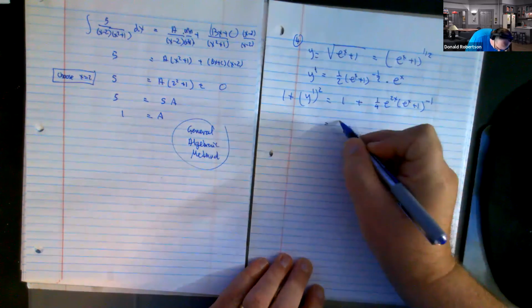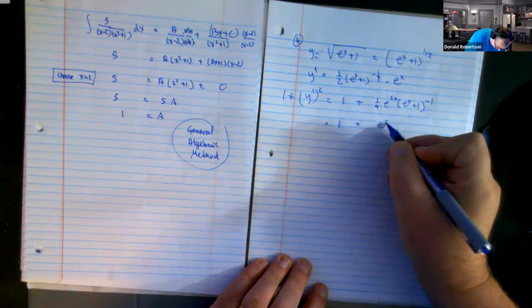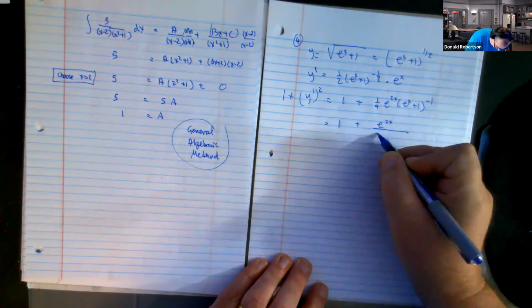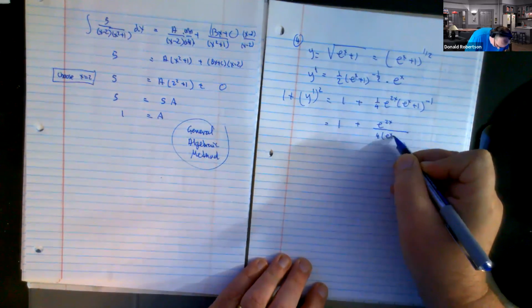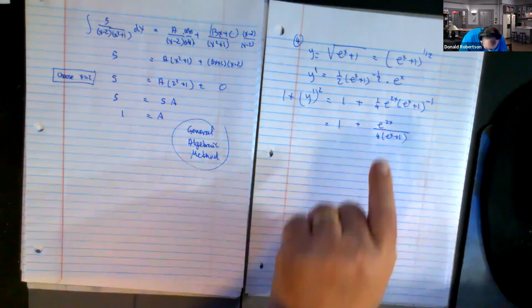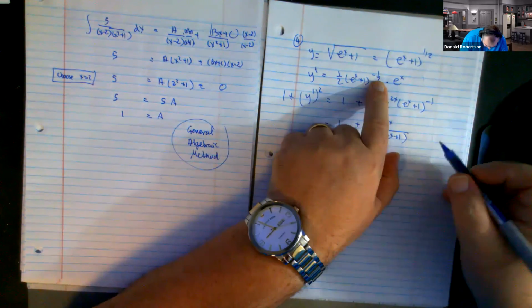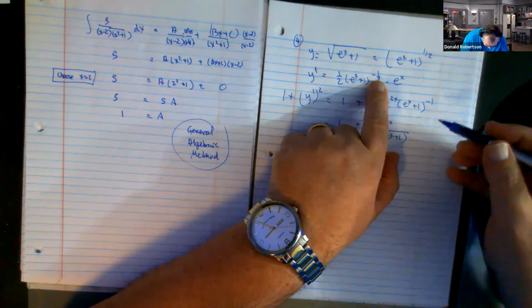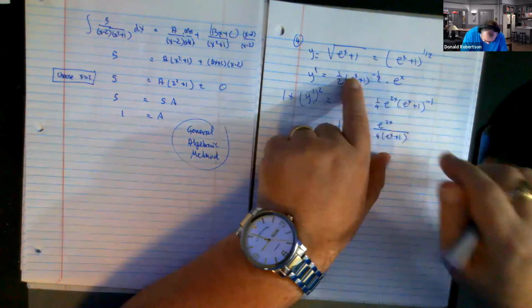Now I'm going to rewrite this. Wait, how did you get to the -1 power there? I have -1/2, and when you square it, you double the power. So -1/2 doubled becomes -1.